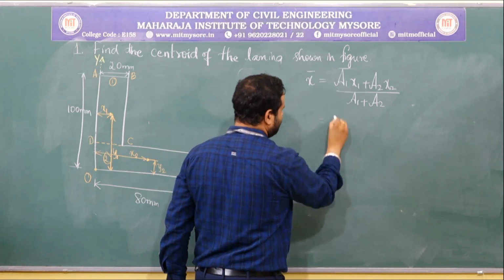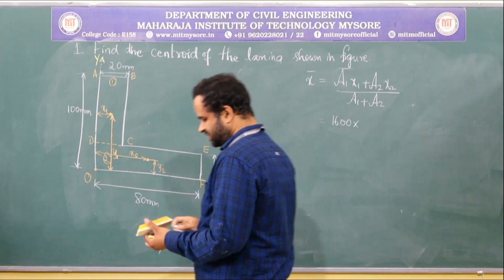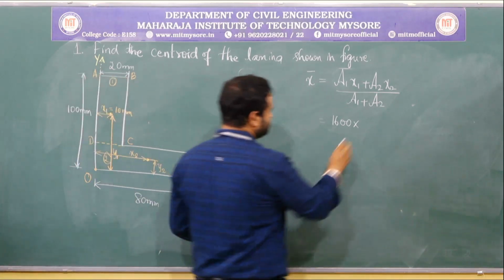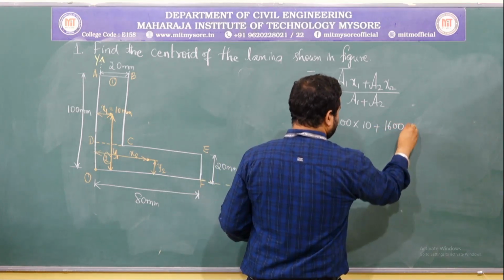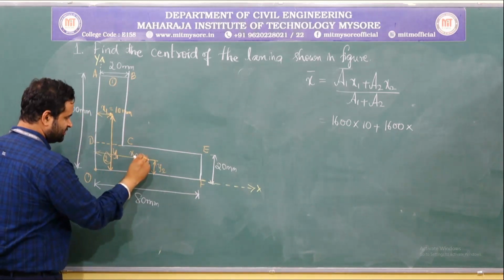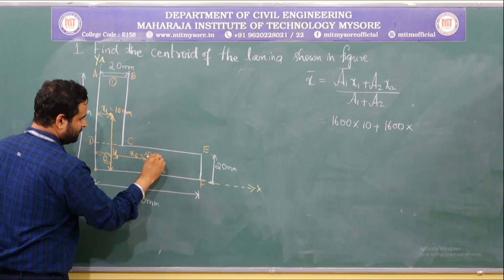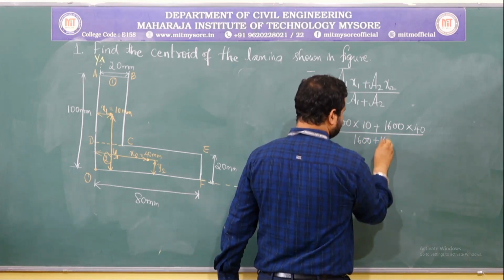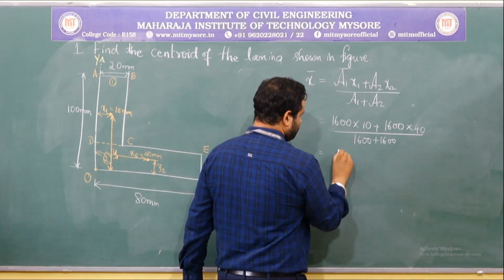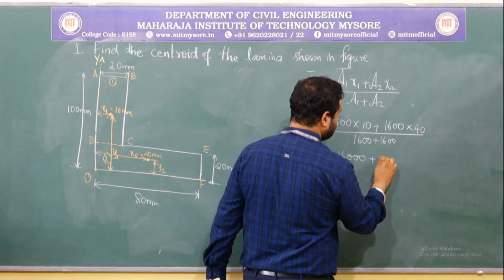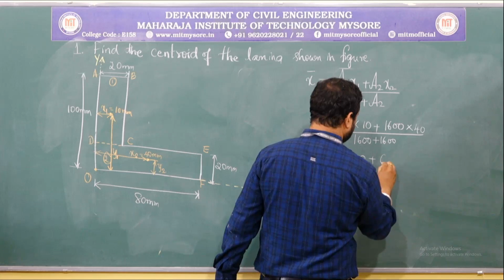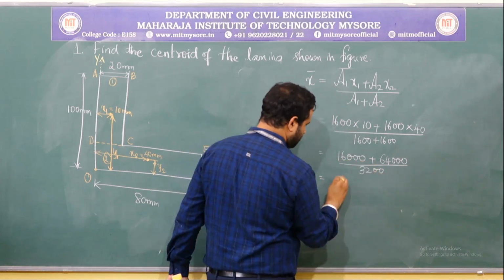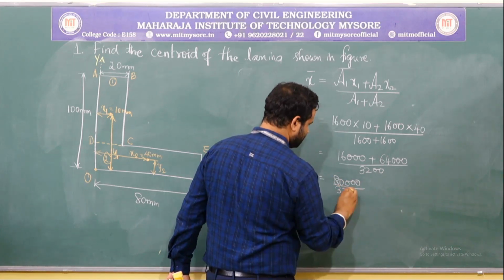Now this will be equal to A1, which is 1600, into x1, which is 10 mm, plus A2, 1600, into x2, which is 80/2, 40 mm, whole divided by 1600 plus 1600, which is equal to 16,000 plus 64,000 whole divided by 3,200, which is equal to 80,000 divided by 3,200.